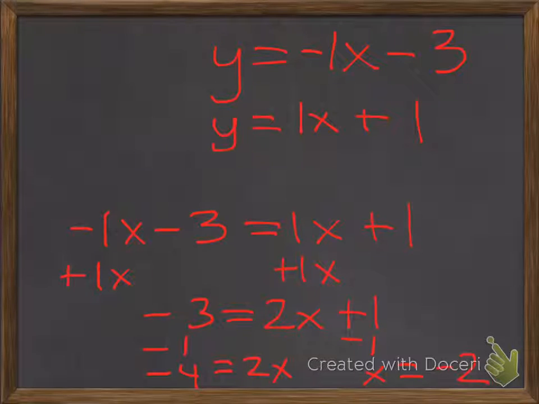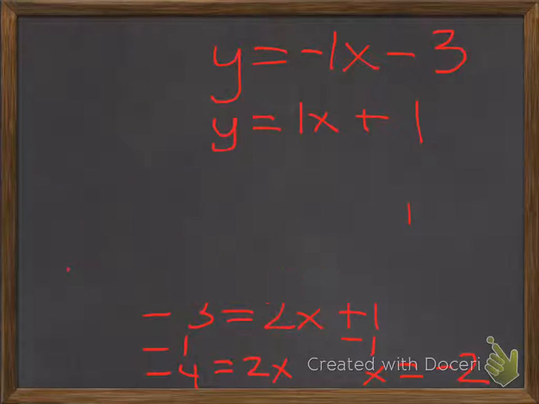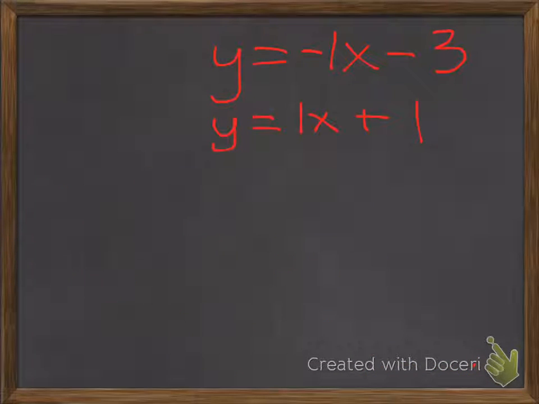We could plug that into either equation to find y. So y would be negative 1. So my point is (negative 2, negative 1). And my other point is what I used for Q, (2, 3).